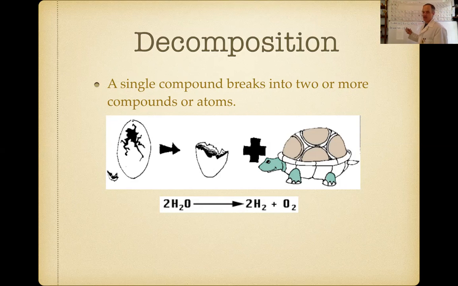This reaction doesn't happen on its own, thank goodness, because if it did, everything would be blowing up constantly. The way I identify a decomposition reaction is it starts with one reactant.